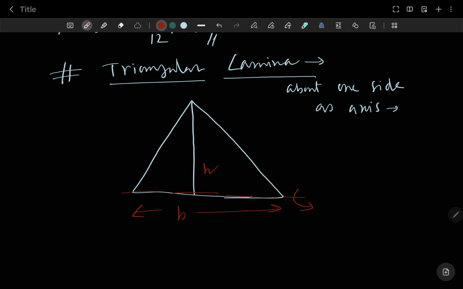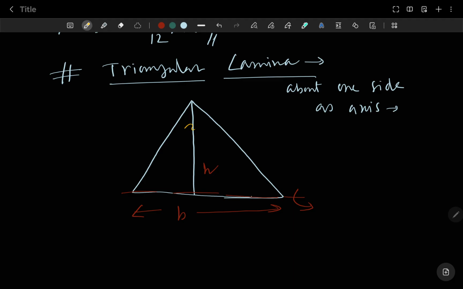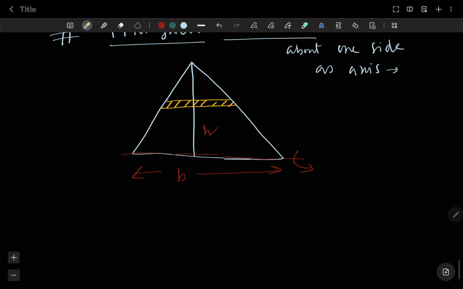So first let us consider a strip. So this is a rectangular lamina, a rectangular strip.